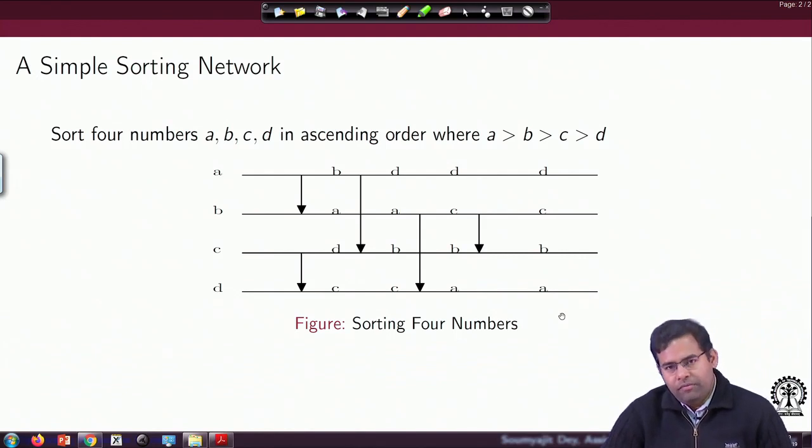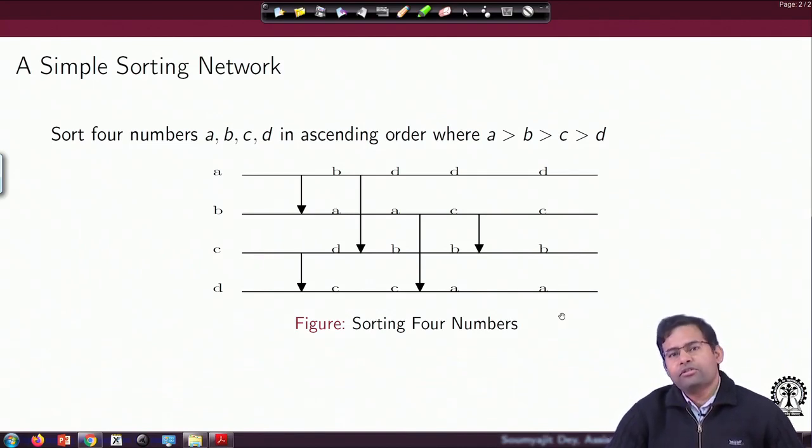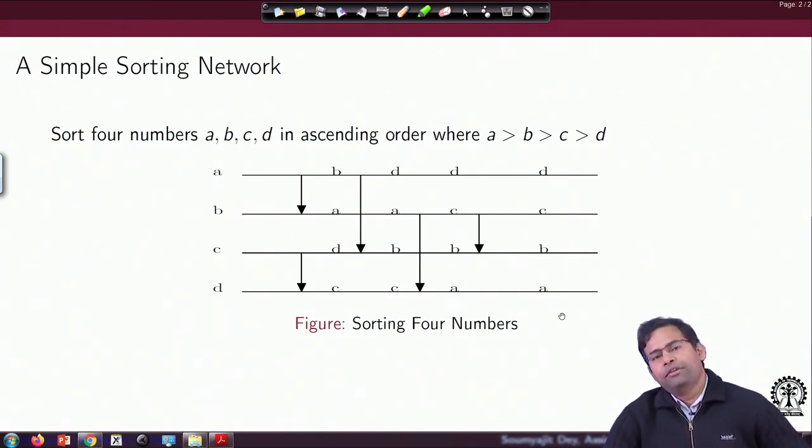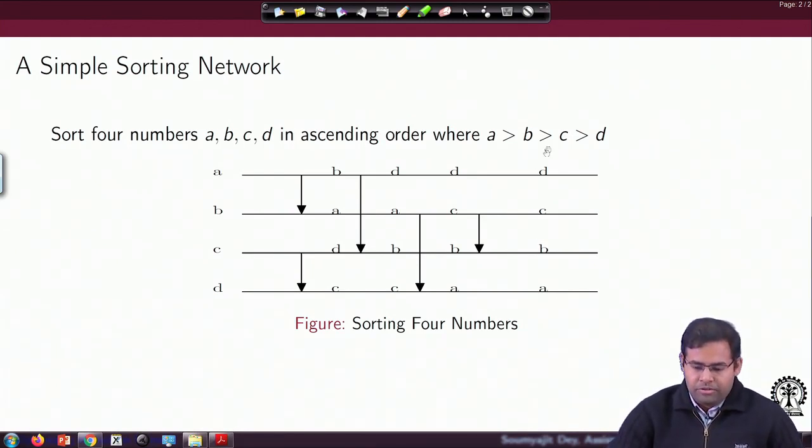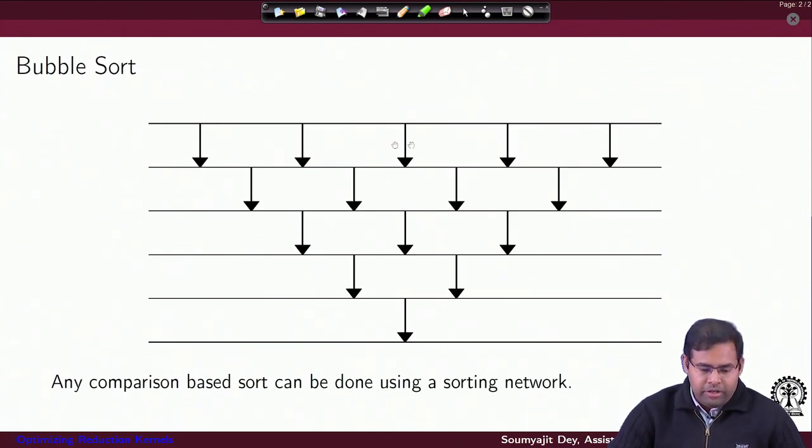Any sorting algorithm. For example, bubble sort should have this kind of a sorting network representation, or insertion sort should have a separate, different one, since it's a different algorithm, it should have its own sorting network representation, right? So for example, we can see that this is a sorting network which is going to do a bubble sort.